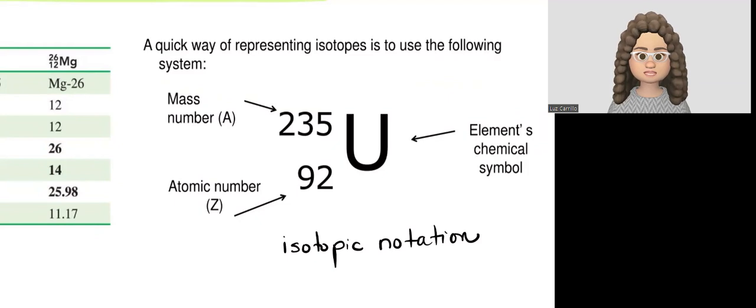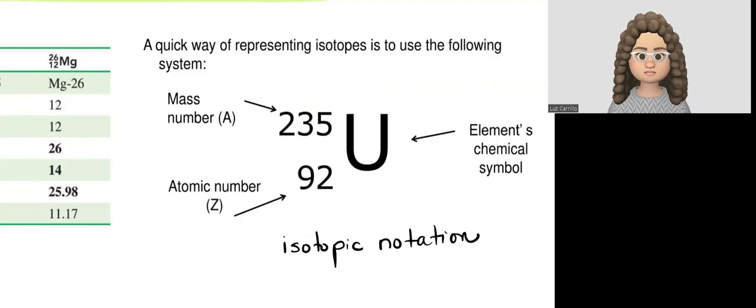Here the capital U represents the element uranium. Then in the top left corner of the element symbol, the mass number is incorporated. For this atom of uranium, the mass number is 235. In the bottom left corner, we see the atomic number, which for uranium is 92.